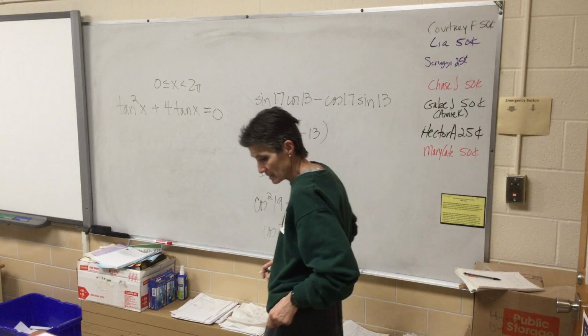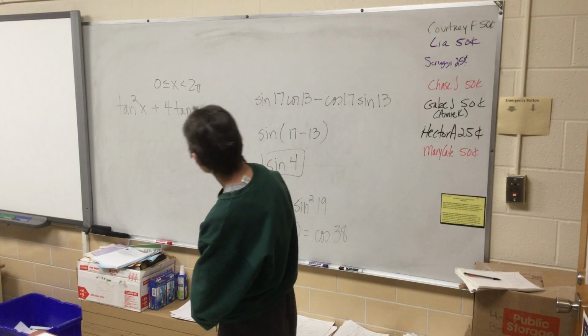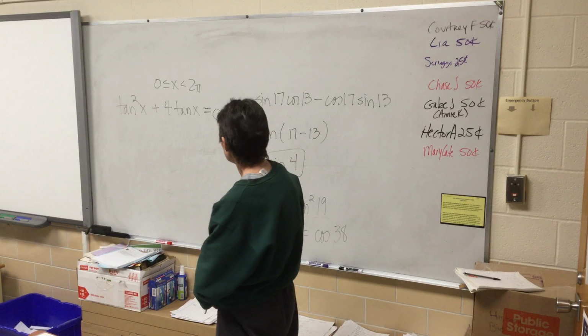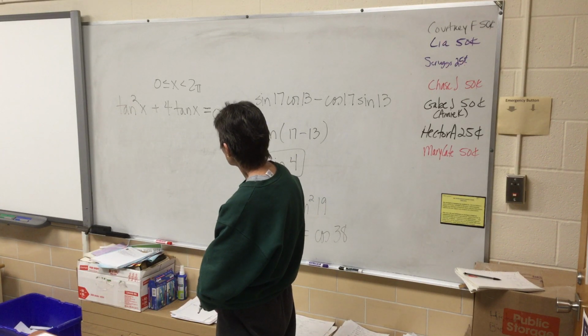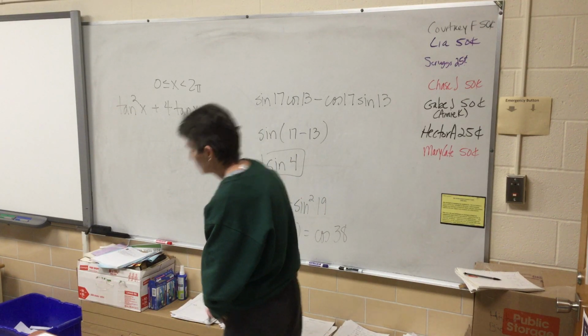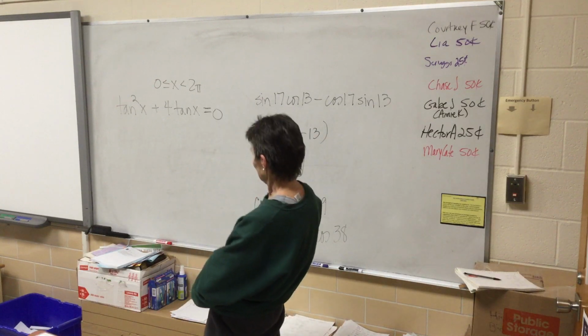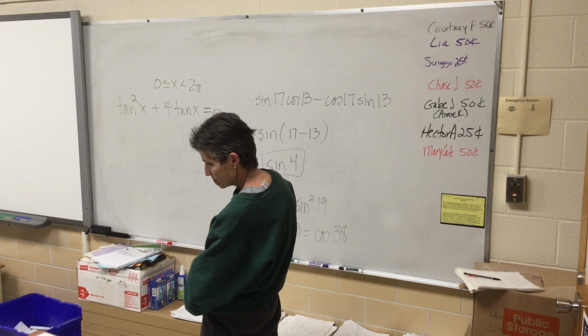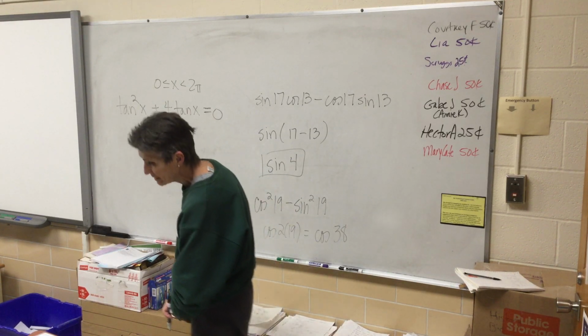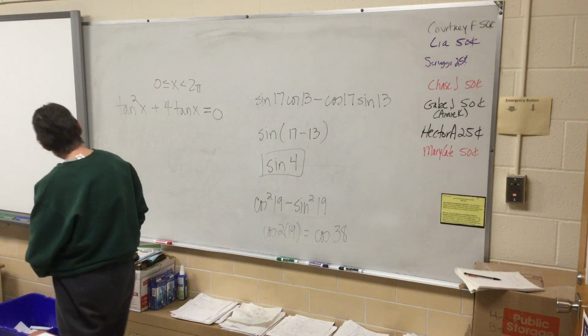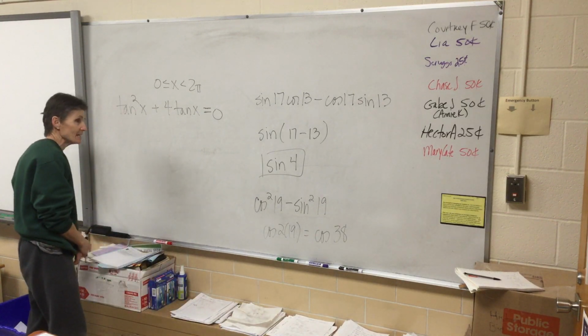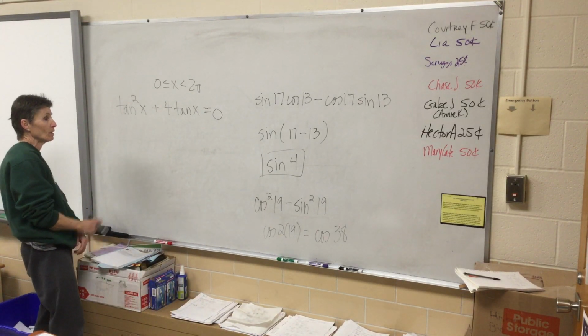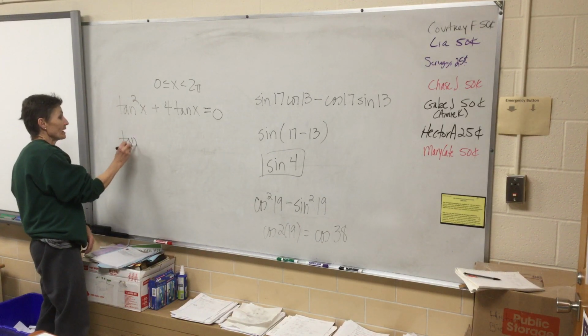Okay? All right, so here we go. Who has an idea for this one? Are we gonna divide by tan x? Okay, we're not going to divide by tan x because we never, ever, ever do that. Never divide by a variable. But we are going to factor it out.